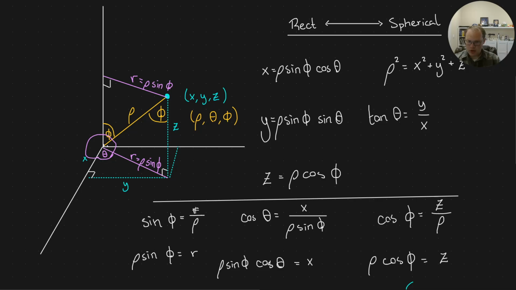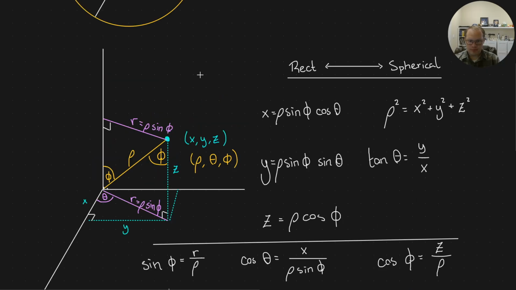Okay. So just as before, we usually limit theta. Let me write the limits up here. We usually require rho to be greater than or equal to 0 and theta to be only one rotation of the circle. Okay, but what about phi?